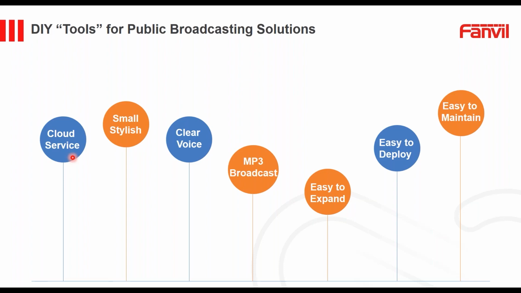Clear voice and MP3 broadcast, obviously with the new support of MPA encoding, you can now have much higher sampling rates, so that music in the background and your voice will come through a lot more clearly. Easy to expand, as I mentioned earlier, and deploy.